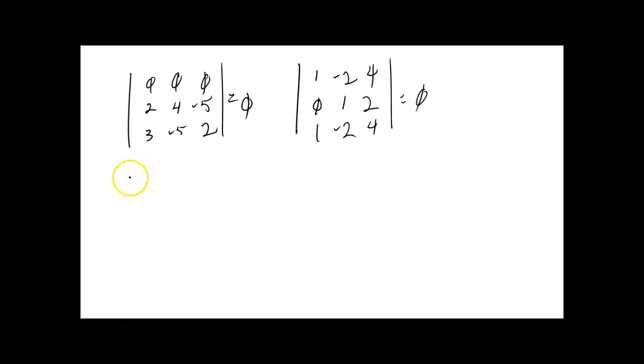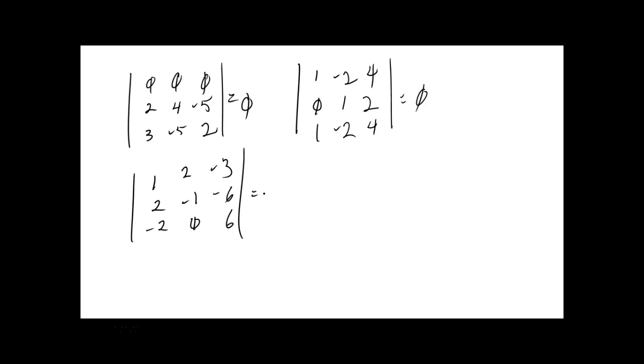And then the last one is 1, 2, negative 3, 2, negative 1, negative 6, and negative 2, 0, 6. Okay? What's the determinant of that one? Say again? 0.